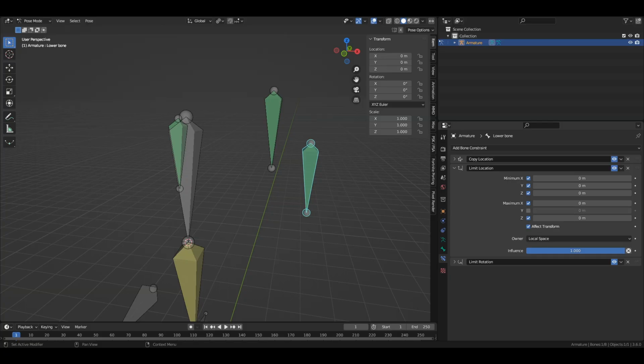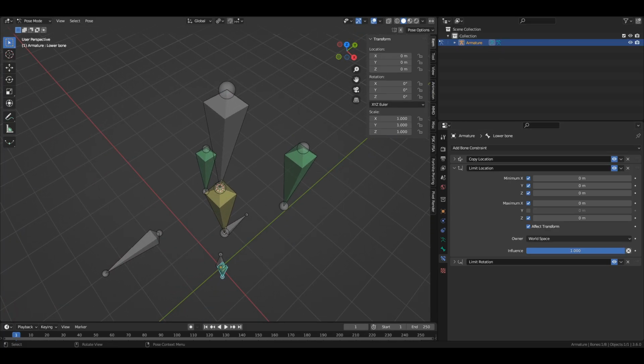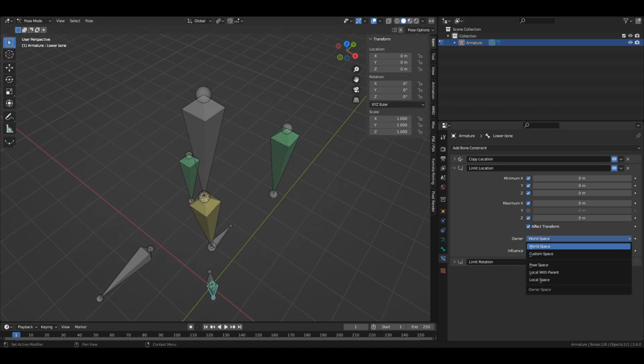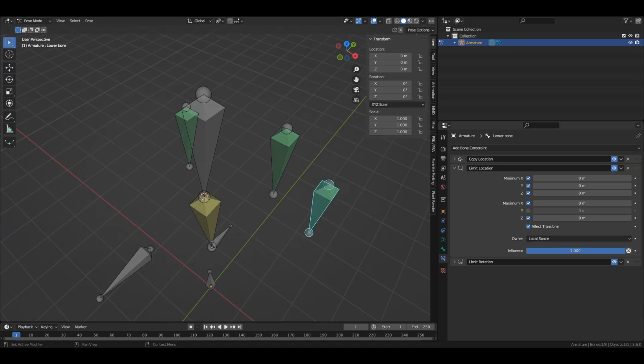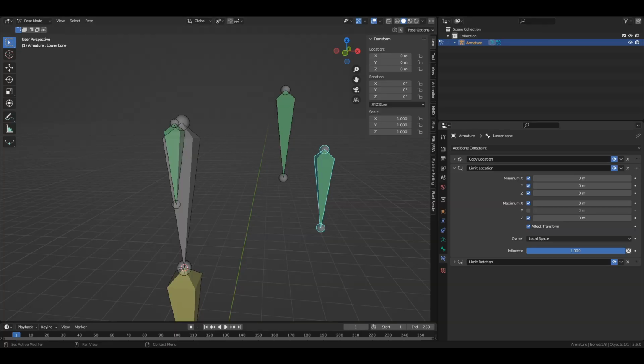So you need to keep this unchecked, so the y-axis can move without any problems. And you affect the transformer. And then the owner needs to be local space too, so to actually have the correct function. Because if you put world space, it will basically snap this item to the origin of the world. So you needed to put the local space to make this work.